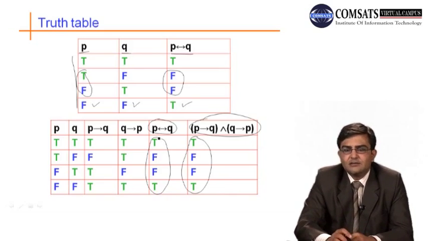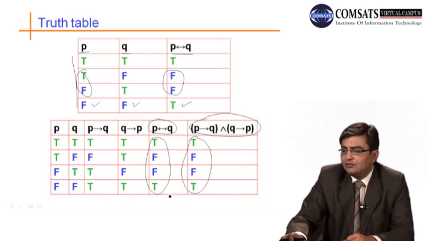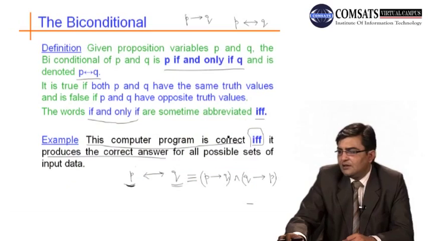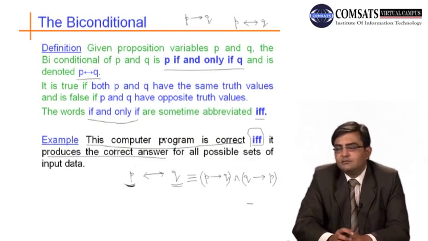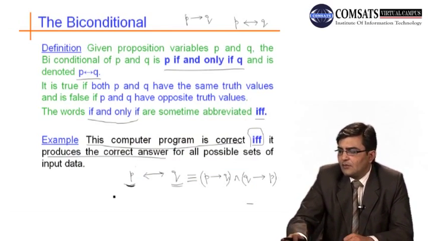So we can say that P biconditional Q is logically equivalent to P implies Q and Q implies P. So in biconditional propositions there is a condition on both propositions. If P is true, then Q is true.